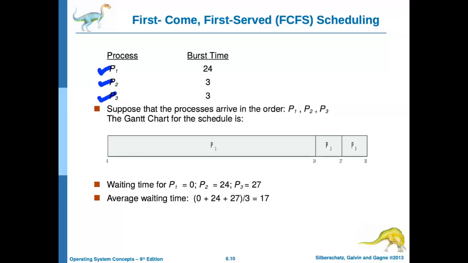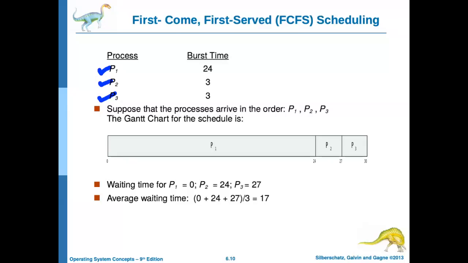The meaning of this is, say, 24 units of time. I'm saying units because it could be anything, like milliseconds also. So P1 needs 24 unit times of CPU, P2 needs 3 unit time of CPU, and P3 needs 3 unit time of CPU.